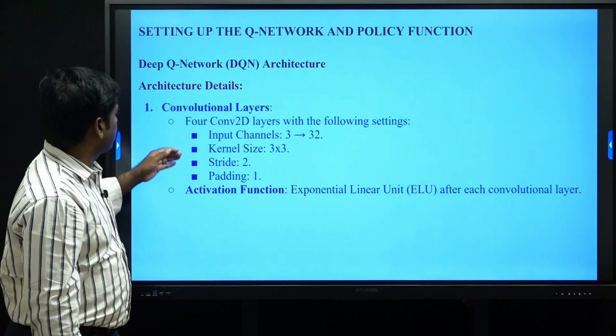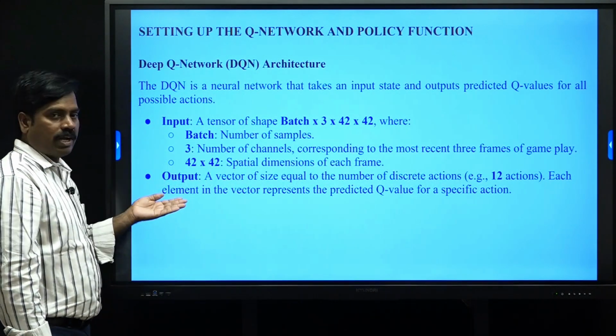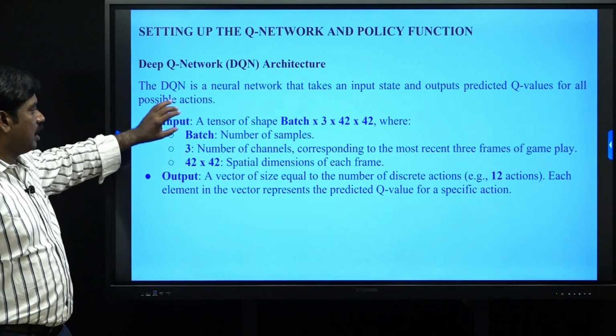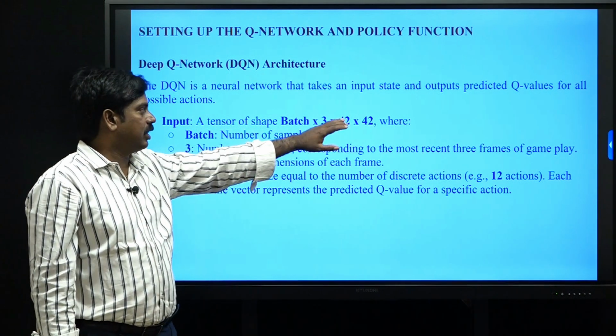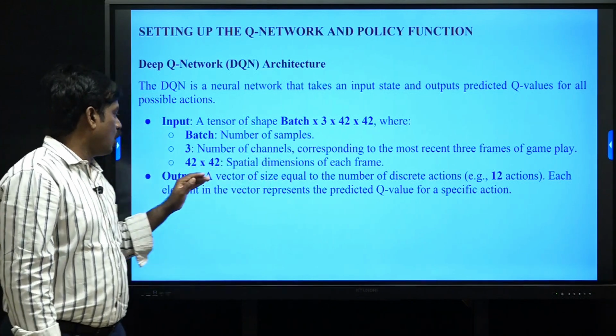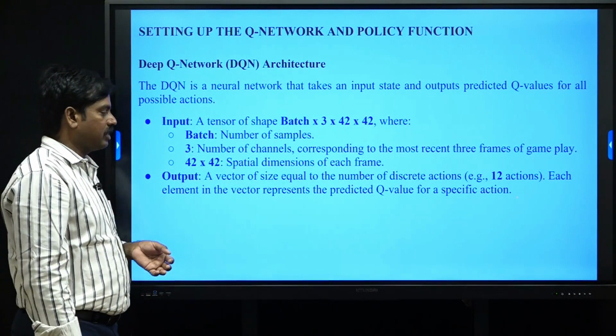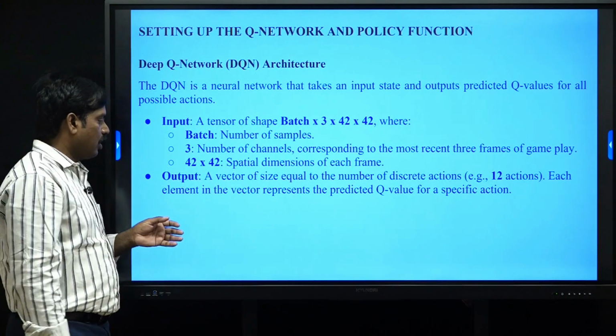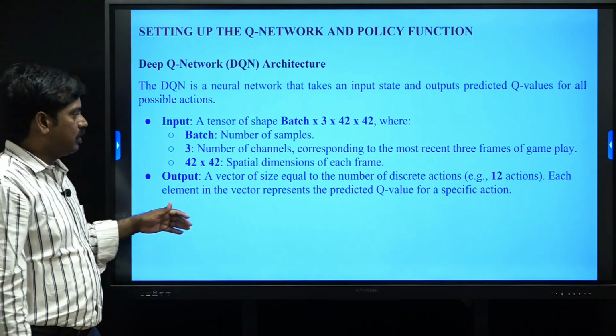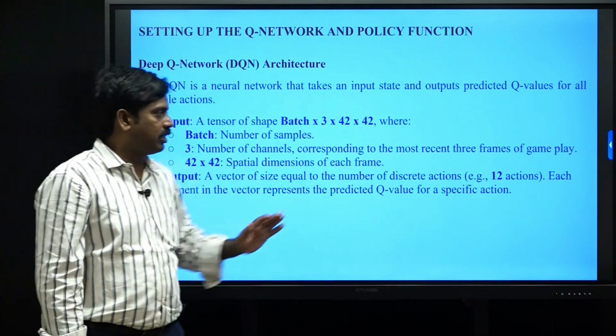The input is batch by 3 by 42 by 42, and the output is 12 actions, since the number of discrete actions in Super Mario is 12. The Q values for the actions are the output.